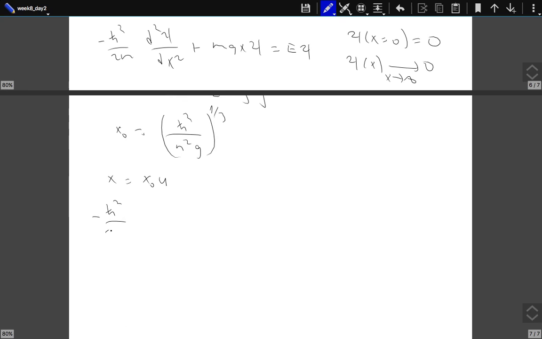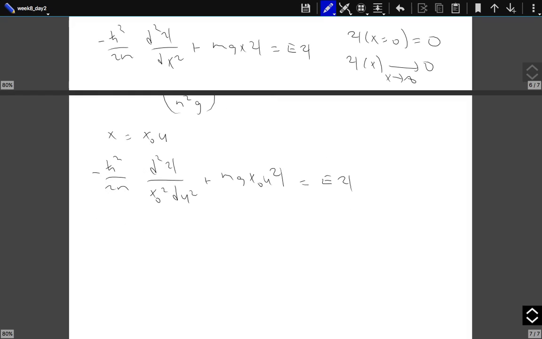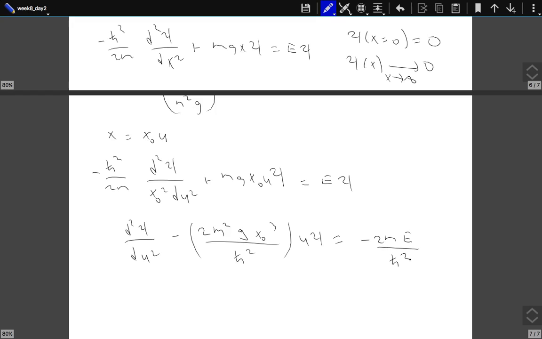minus h bar squared over 2m, d squared psi by x0 squared du squared, plus mg x0 u psi should be equal to E psi, or d squared psi by du squared minus 2m squared g x0 cubed over h bar squared, u psi should be equal to minus 2m E over h bar squared, times x0 squared.